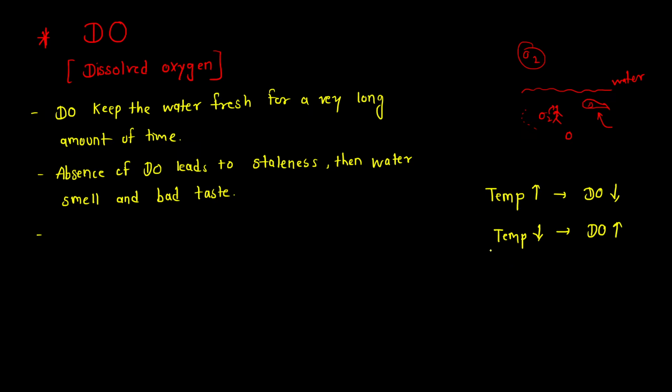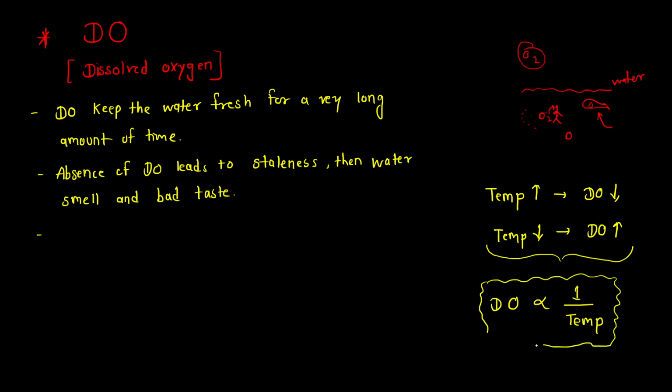So if we write it down with some proportionality sign, then we can write dissolved oxygen is inversely proportional to temperature. We have seen this in the previous video. Okay, I hope you are able to make such relationships now. So these are important to understand the relationships. So now you can say directly, if the temperature increases, what happens to DO? It decreases, inversely proportional.